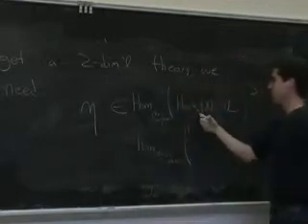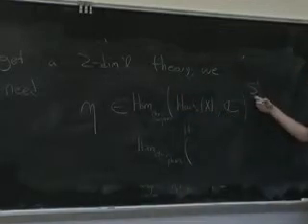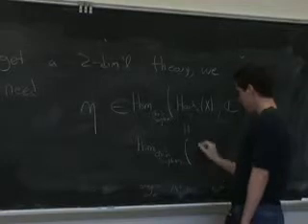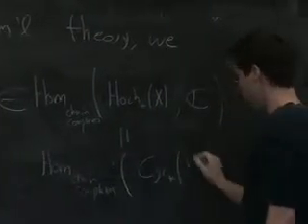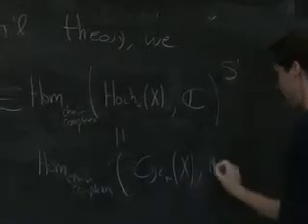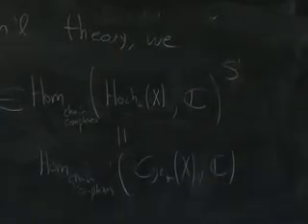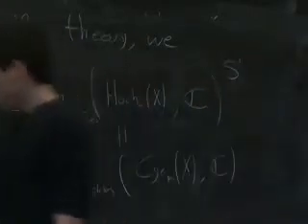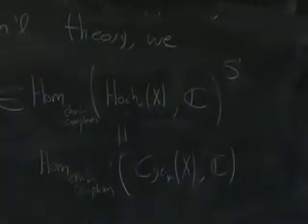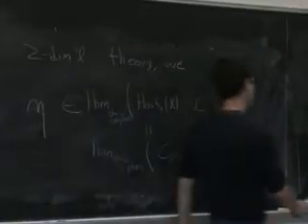I could replace the Hochschild homology by circle co-invariance on Hochschild homology to get what's called the cyclic homology of X, with values in the complex numbers. Well, this is something that we're not going to get for any algebraic variety X. It's something that you only expect for a Calabi-Yau variety.